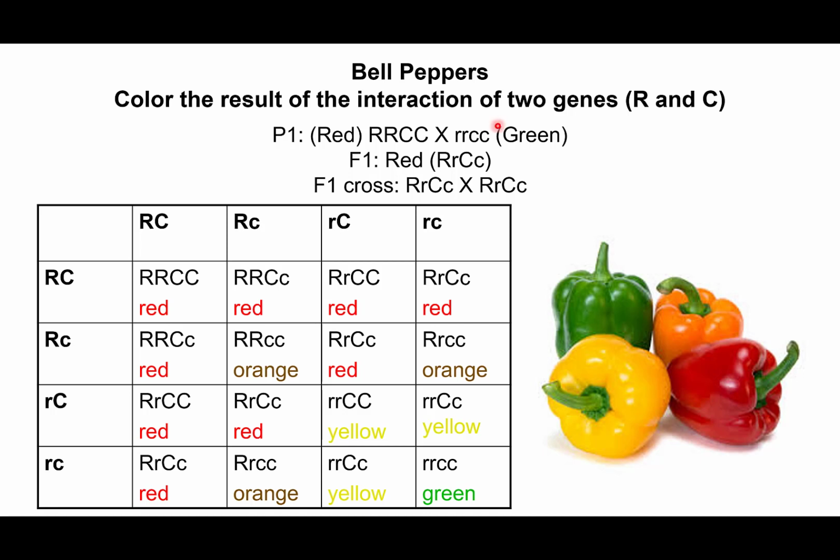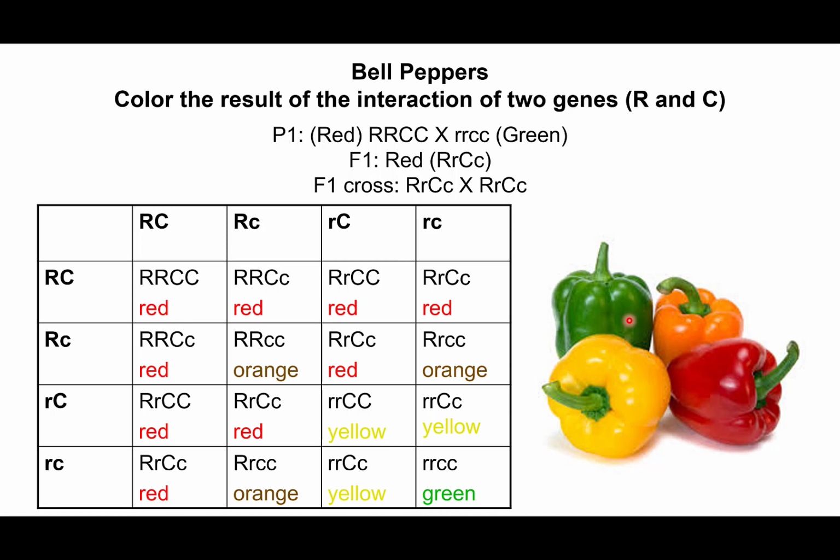However, when we start doing a cross between a red and a green bell pepper, what we get is orange bell peppers, yellow bell peppers, green bell peppers, and red bell peppers. And we see that when we're homozygous dominant for red, but homozygous recessive for that green state, for the C, we get an orange color.